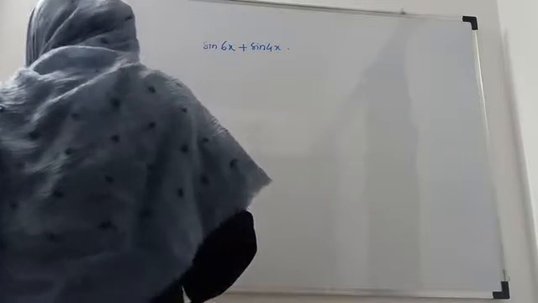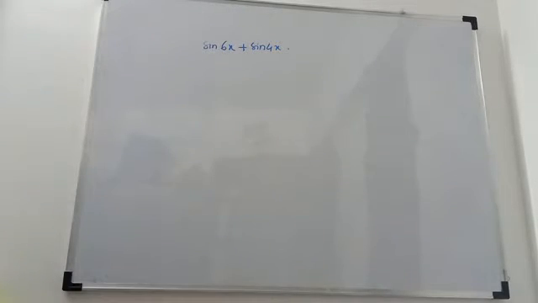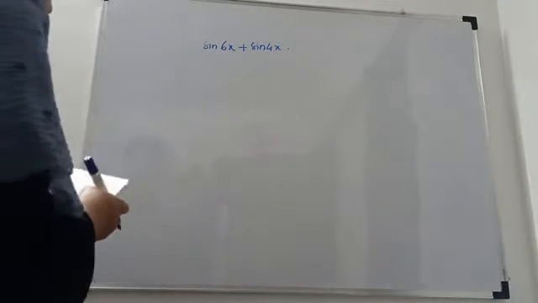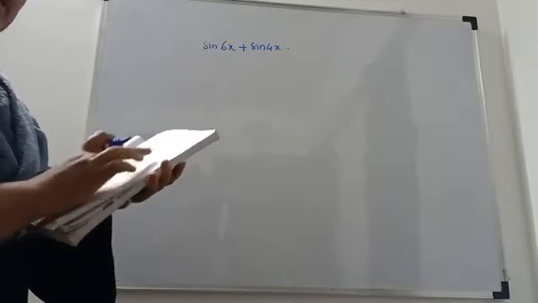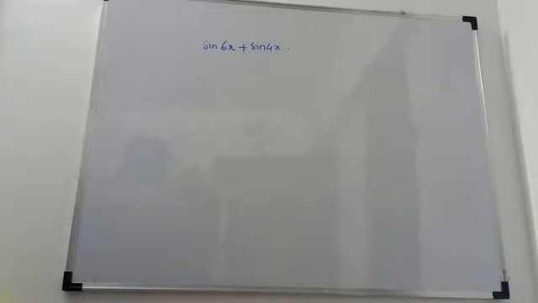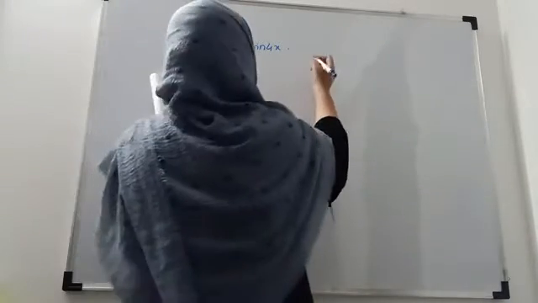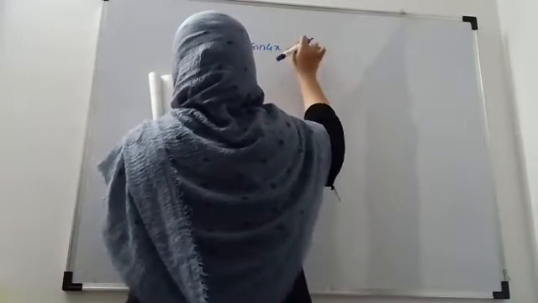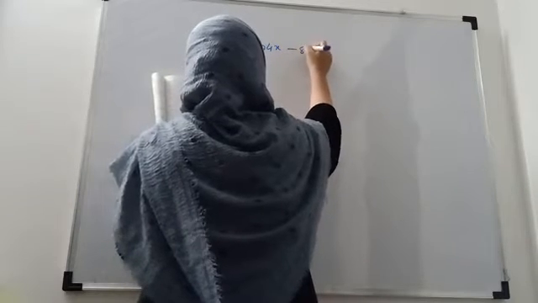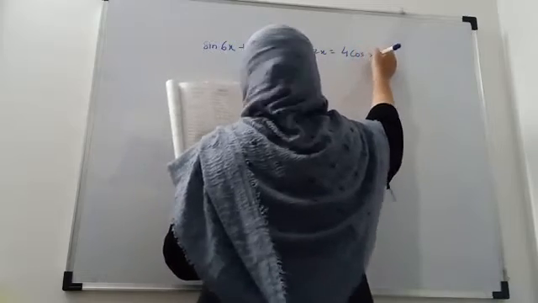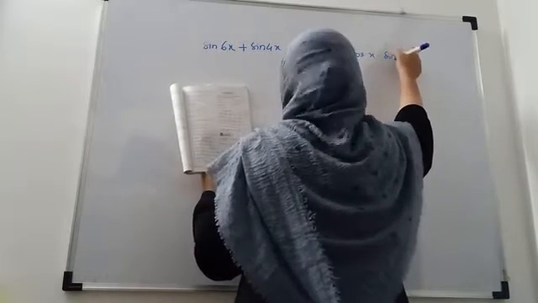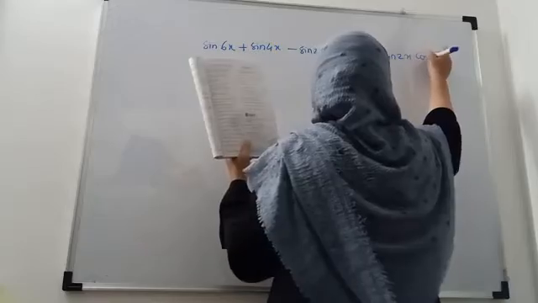There is a printing mistake. Let me check. It is minus. There is a printing mistake in your textbook. There is a space given between sin 4x and sin 2x, and it is minus. So please do the correction over there. This is minus sin 2x, which is equal to 4 cos x into sin 2x into cos 3x.